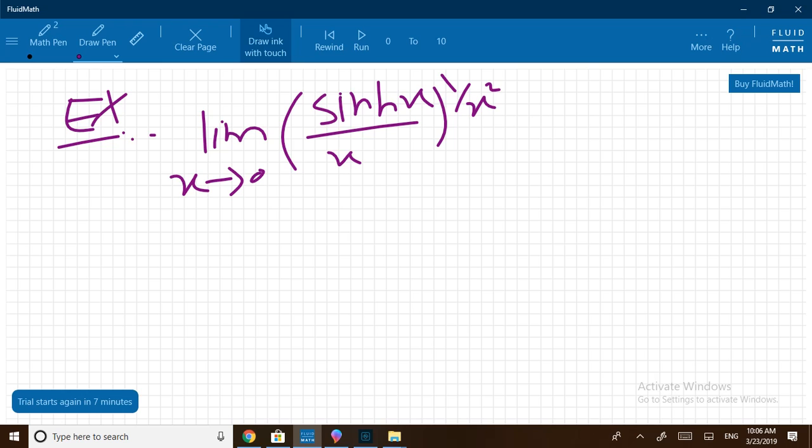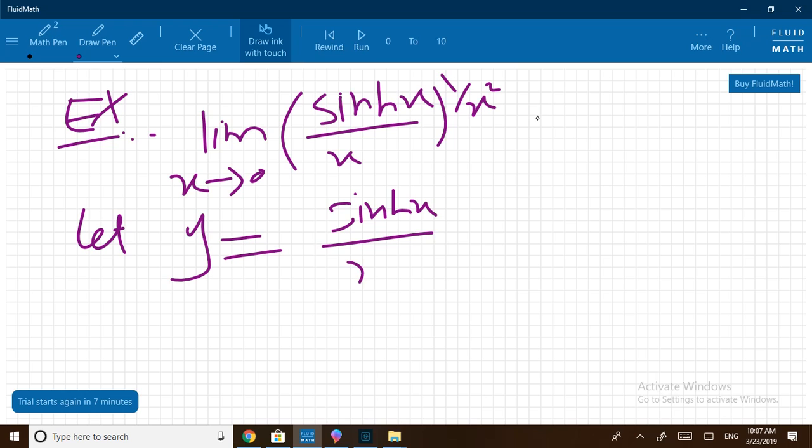Okay, let y be equal to (sine hyperbolic x divided by x).